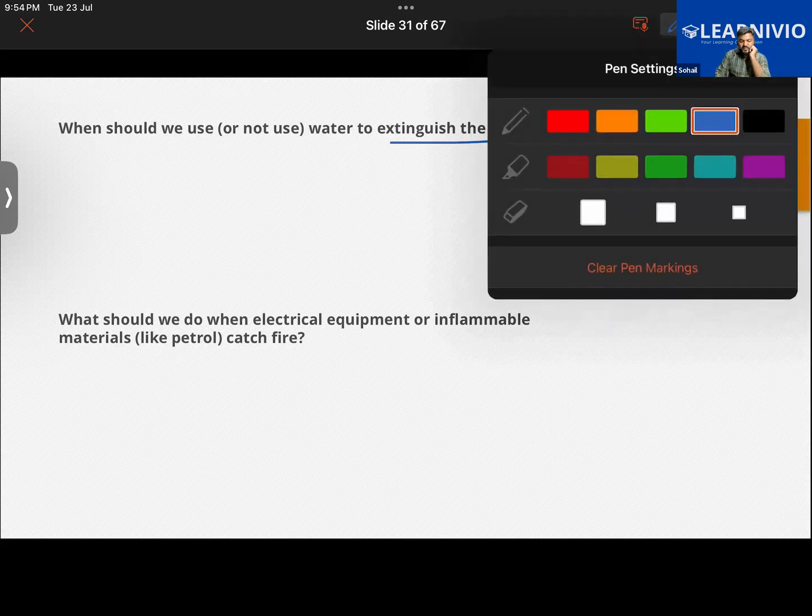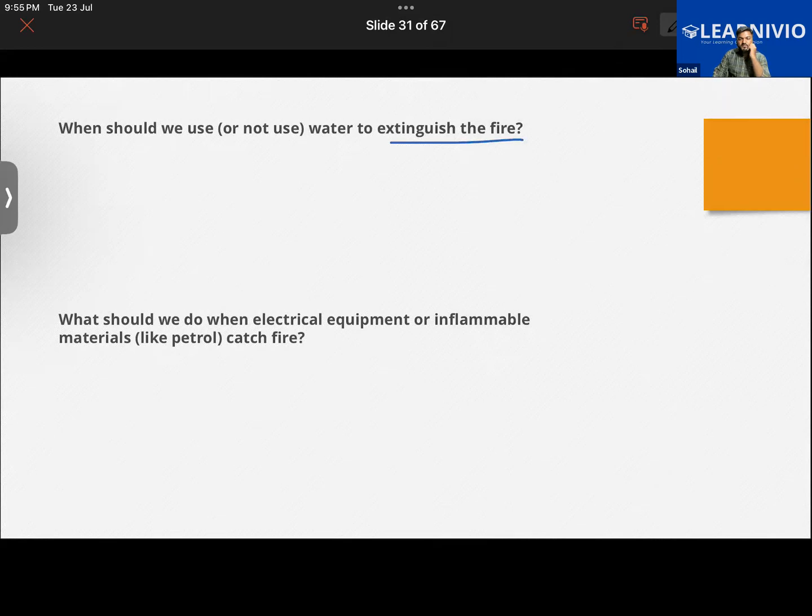Should I give you guys options? Okay, now I'm just going to give the options. You have to tell me in which case you should be using water and in which case you should not.